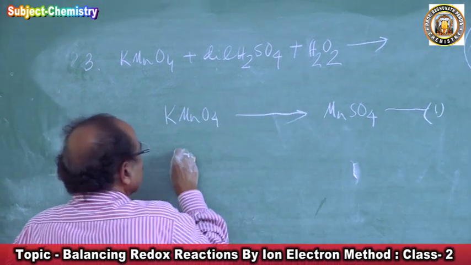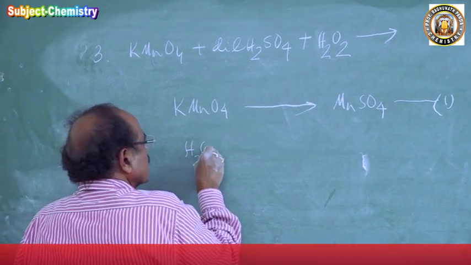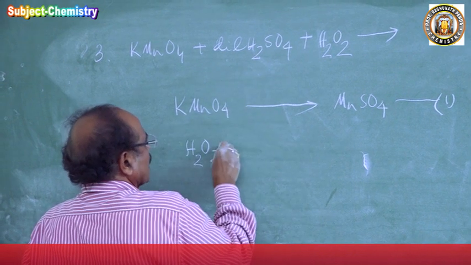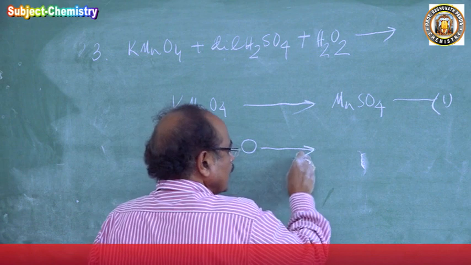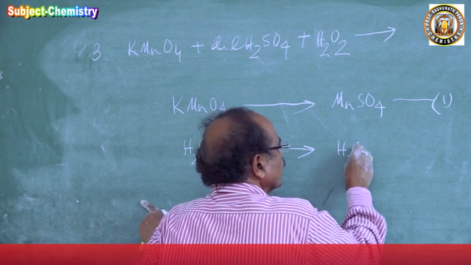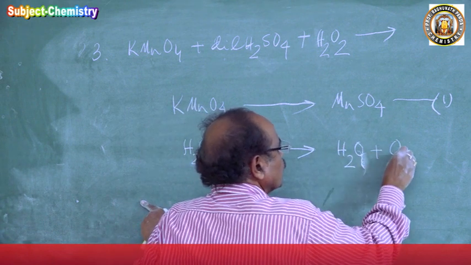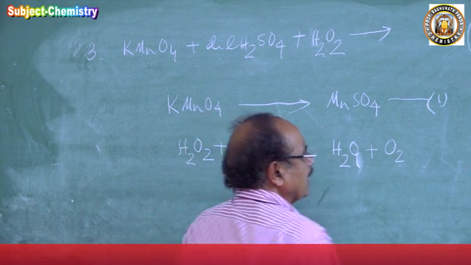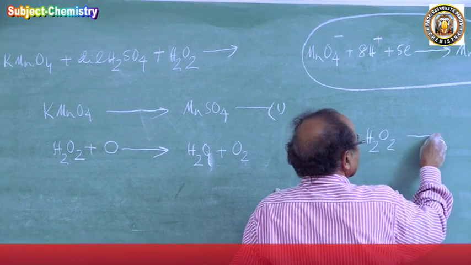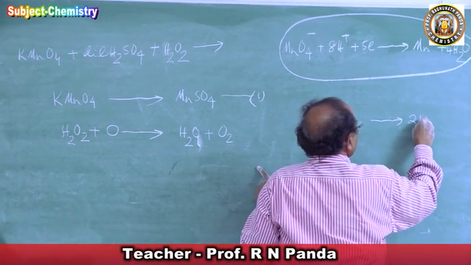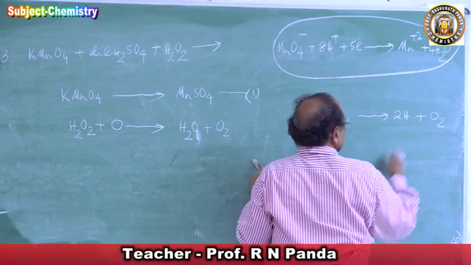The other equation is hydrogen peroxide. The oxygen atom of hydrogen peroxide, with potassium permanganate, will react to form H2O plus O2. Why? Hydrogen peroxide is a reducing agent. So this forms 2H plus O2.